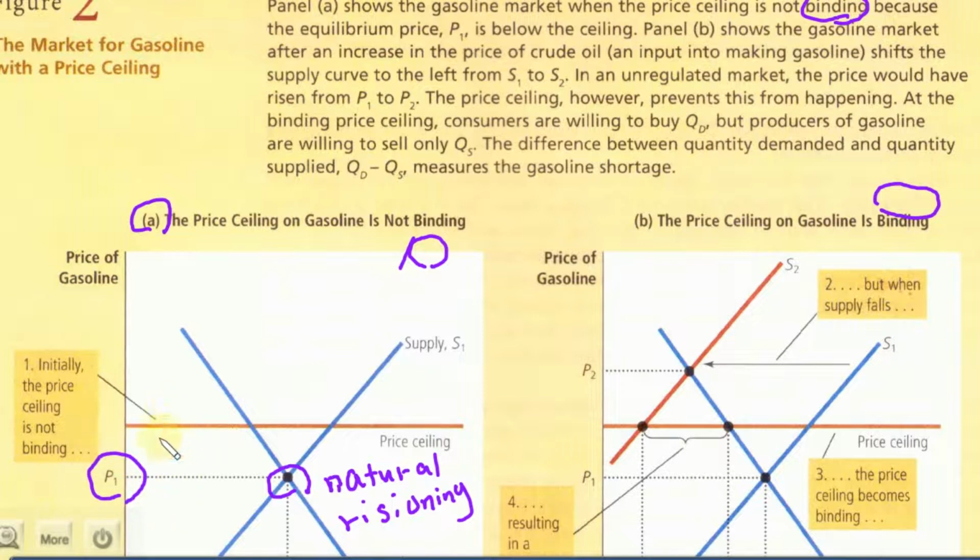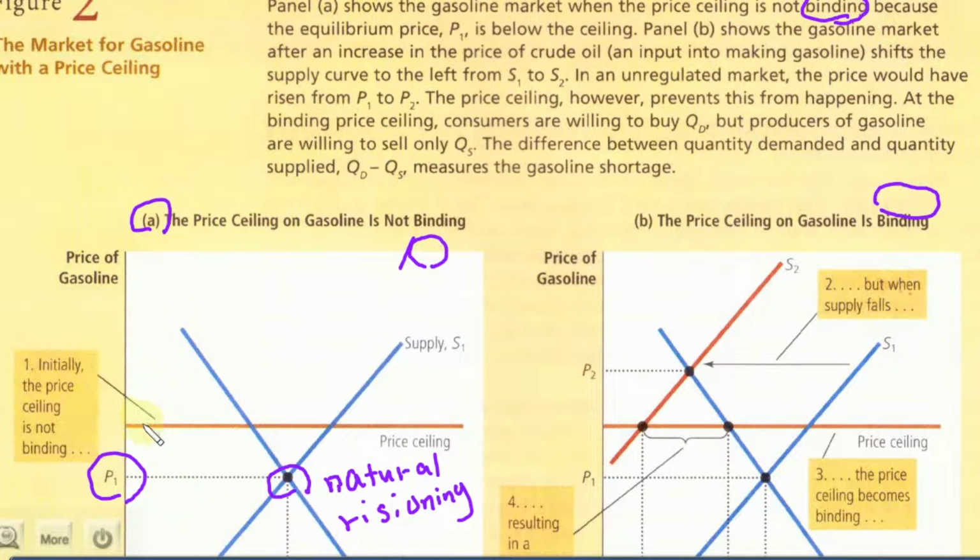Even if the government sets a limit on price, this price is above the equilibrium. This price is higher than the market price, as the market price is automatically established by supply and demand.